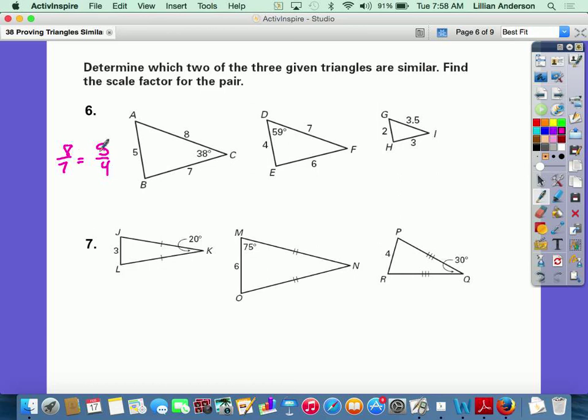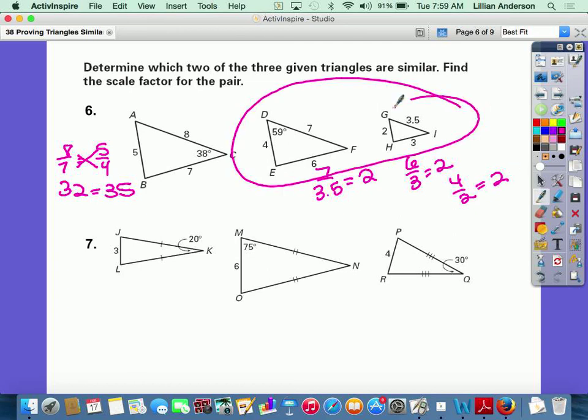You can also see if 2 sides are proportional to each other if you cross multiply. You get 32 equals 35. If they are proportional, that should be equal. In this case, they're not. So let's compare these 2. 7 over 3.5 simplifies down to be 2. 6 over 3 simplifies to be 2. 4 over 2 simplifies to be 2. So these 2 triangles are the similar ones with the scale factor of 2.